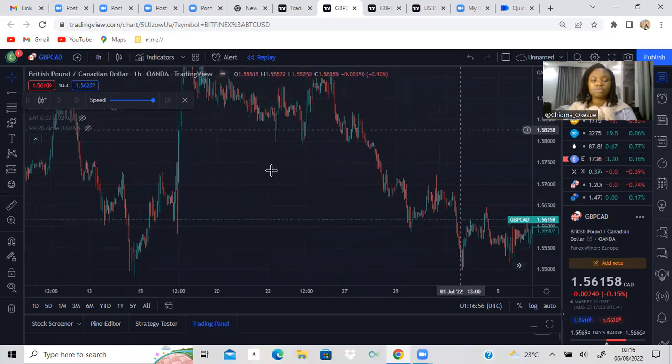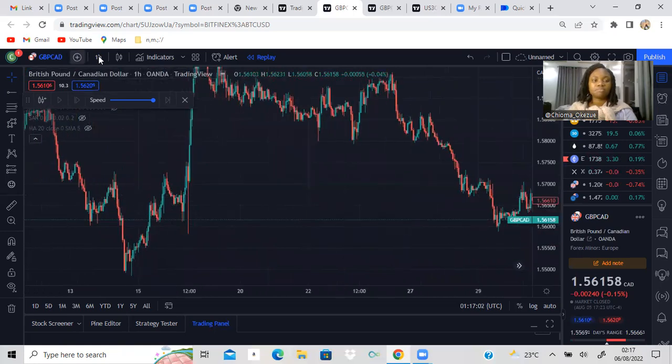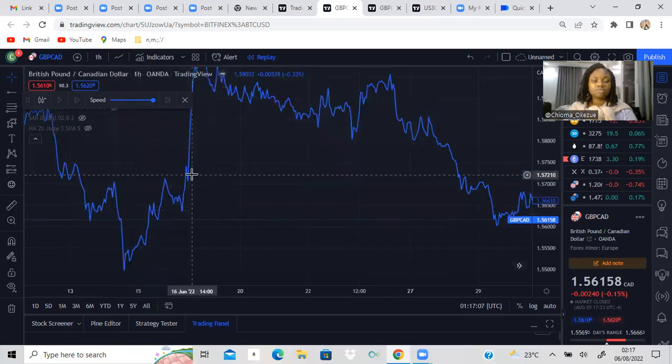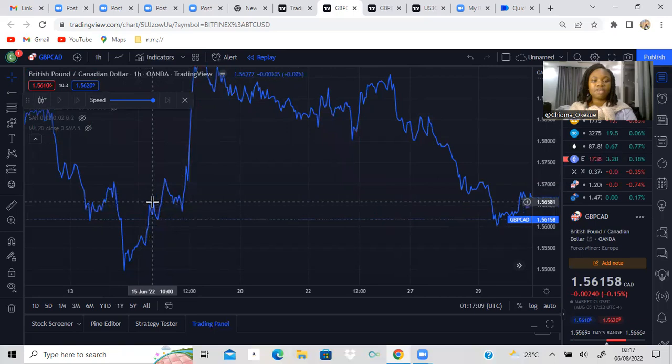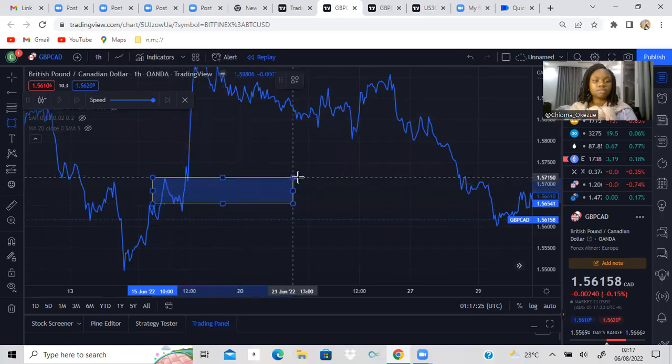Change it back to line chart. So what do we have? We have a lower high and a higher high. So I'm just going to grab my rectangle, lower high, higher high. All right, pull it all the way.